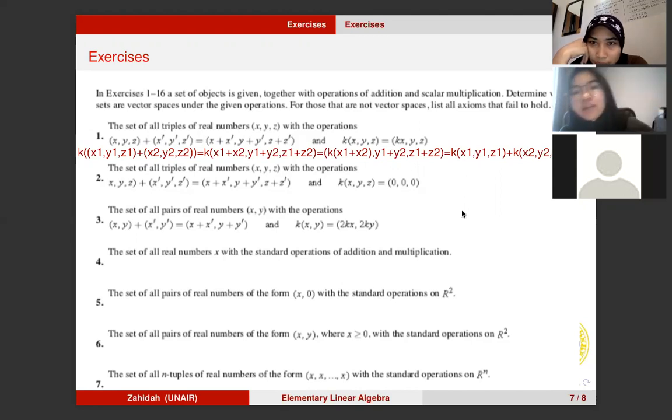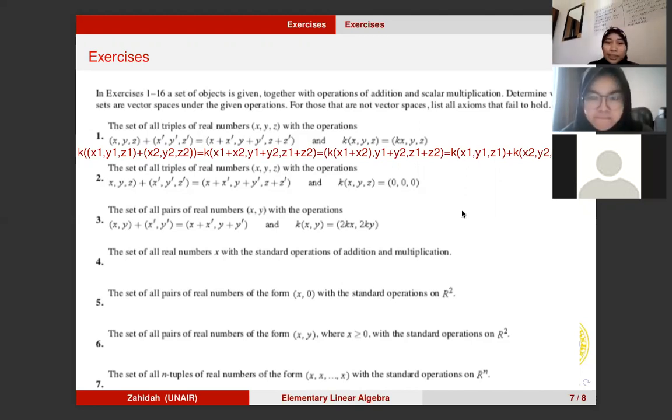I thought we look at the k, y, z to know that axiom 7 is not satisfied. Wait, axiom 7?